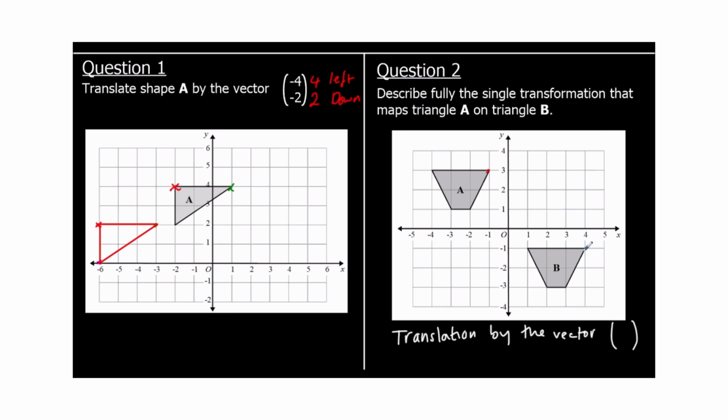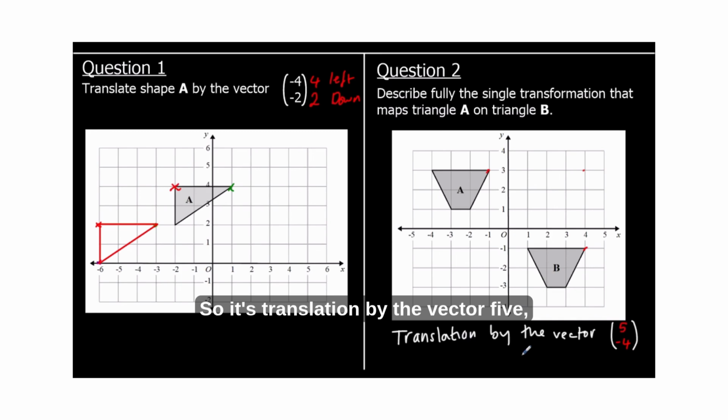So pick a point and we can say it's gone 1, 2, 3, 4, 5 to the right. So that's plus 5 in the x direction, and it's gone down 1, 2, 3, 4. So down 4 in the y direction. So it's a translation by the vector 5, negative 4. And if you picked any of the points, you would get the same vector.